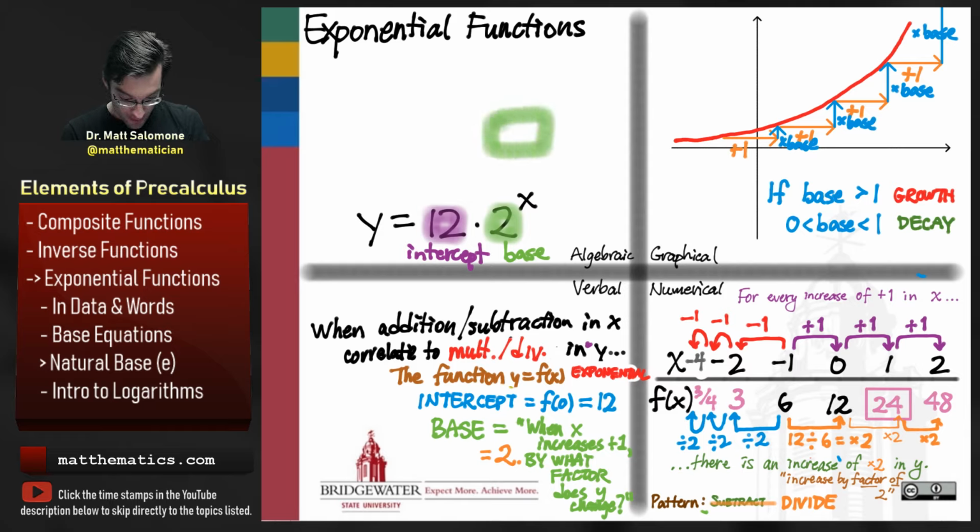I want to re-express the base of my exponential function as e raised to some power, and then raise that number to the x power and multiply it by 12. I'm just going to come up with a different way of expressing the same function that we were talking about before. So how are we going to make this connection?